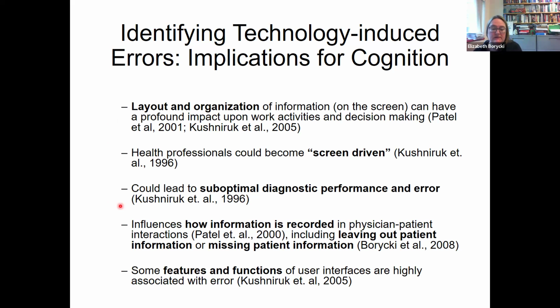In addition to this, it affects other types of things. For example, errors may also occur in terms of certain types of information being left out. So there's missing patient information. So a clinician doesn't have a fulsome idea of what's happening with the patient when making decisions. And you can also have some features and functions of specific types of user interfaces that could be associated with error.